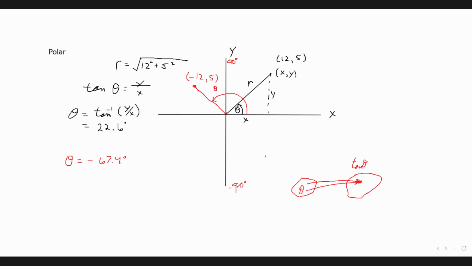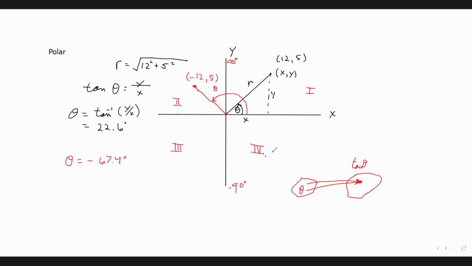So what about things in the second and third quadrants? Well, you have to know by looking at the numbers what quadrant you are in. First, second, third, and fourth quadrants.